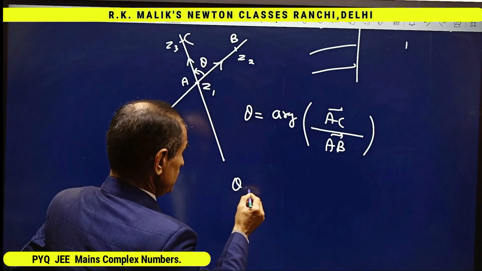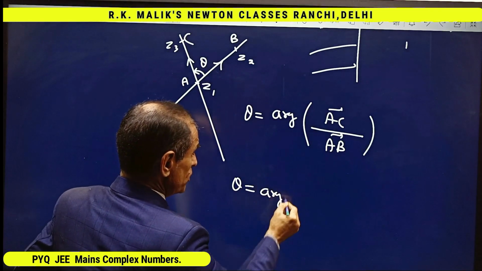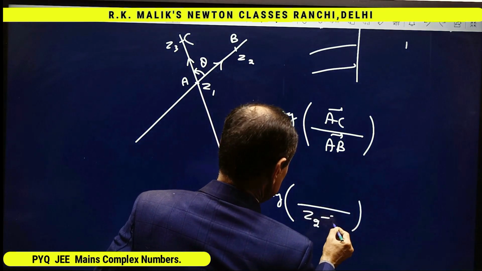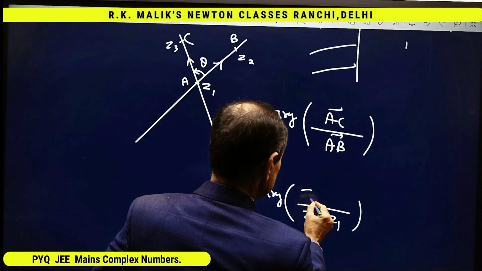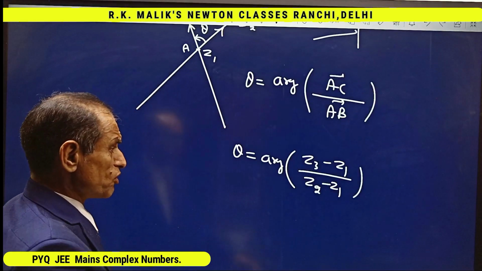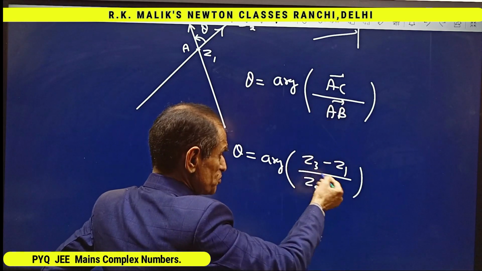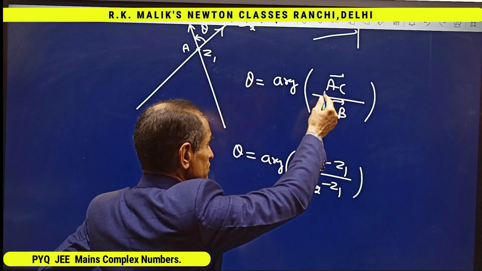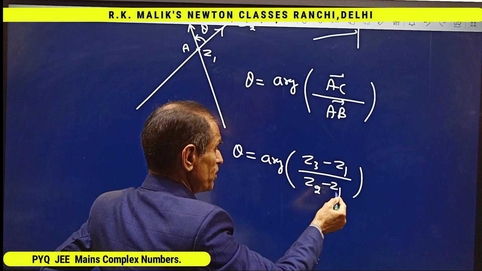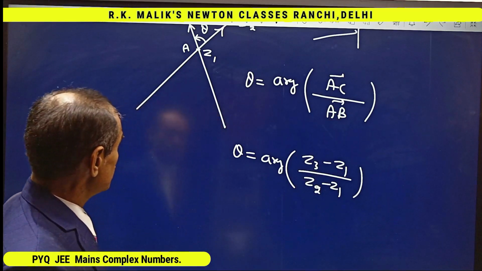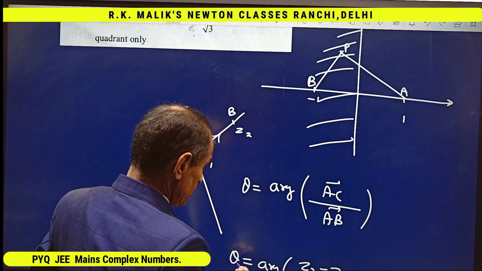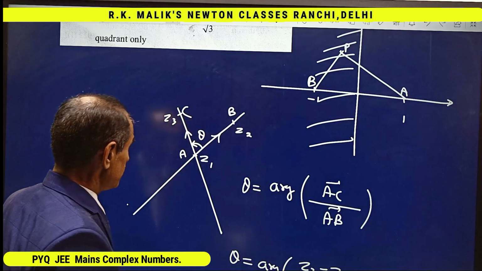That is, theta is equal to argument of (z3 minus z1) upon (z2 minus z1), because this means complex number of C minus complex number of A, and this means complex number of B minus complex number of A. And in case this direction is clockwise, then the value of the angle will be negative.